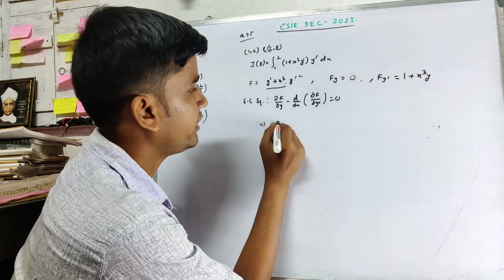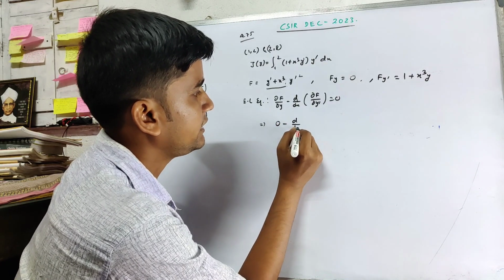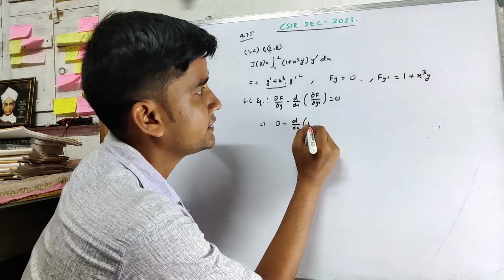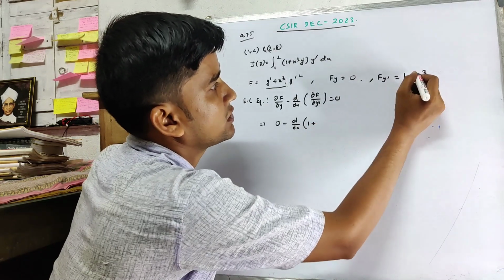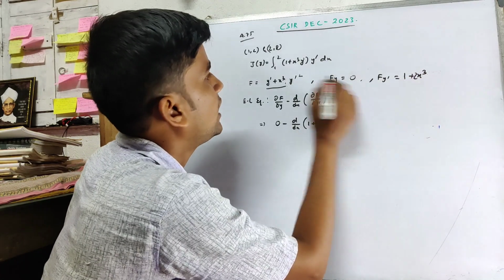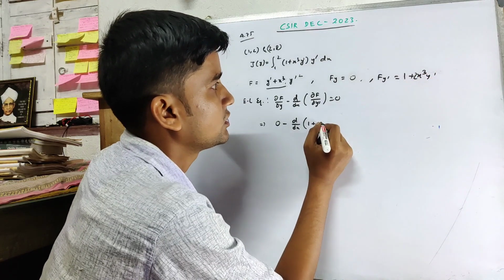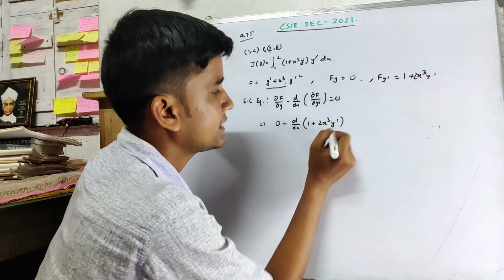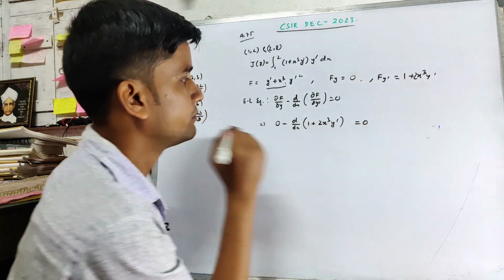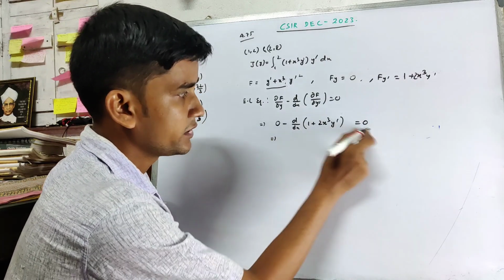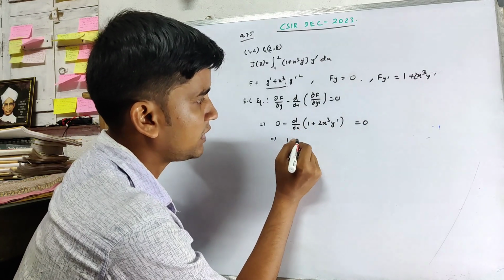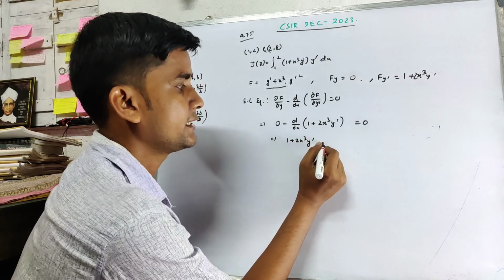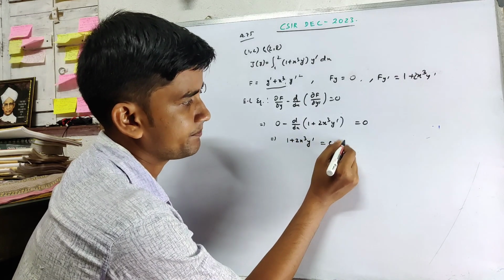So del f del y equal to 0 minus d/dx of 1 plus 2x cube y dash, equal to 0. Now since this derivative is equal to 0, that means 1 plus 2x cube y dash is equal to a constant.